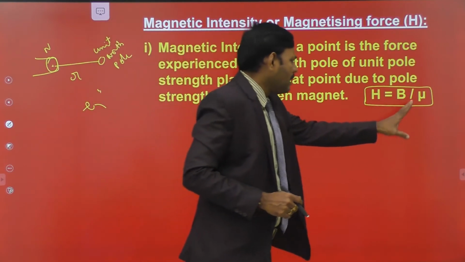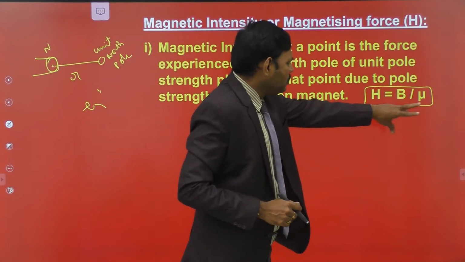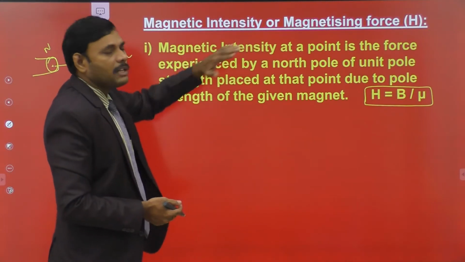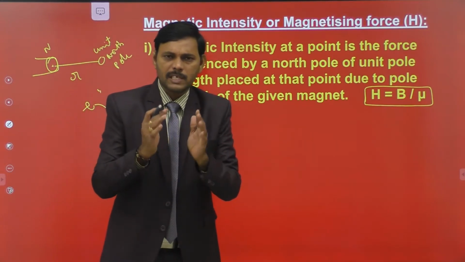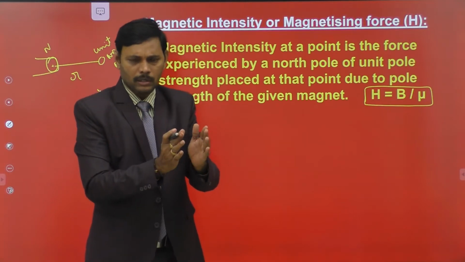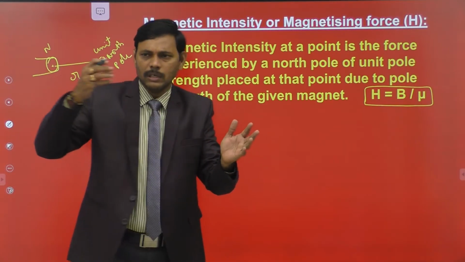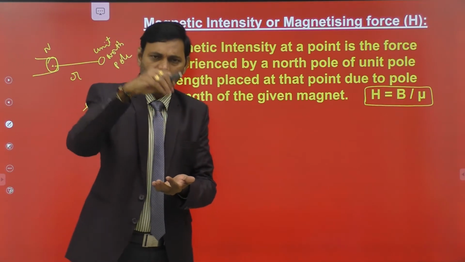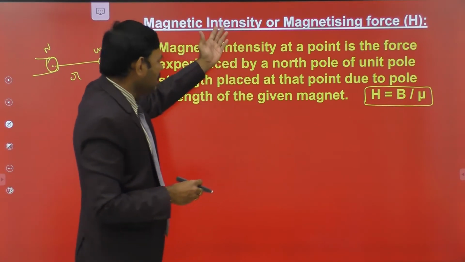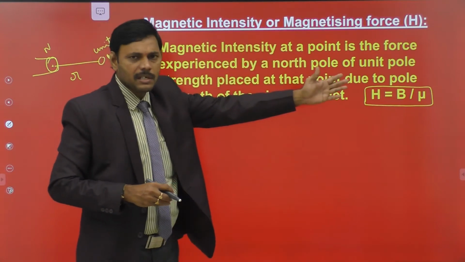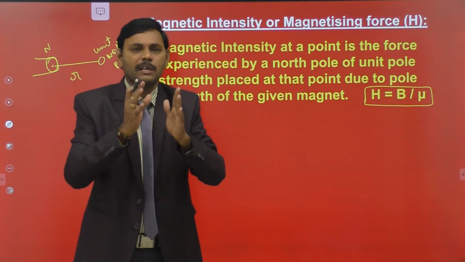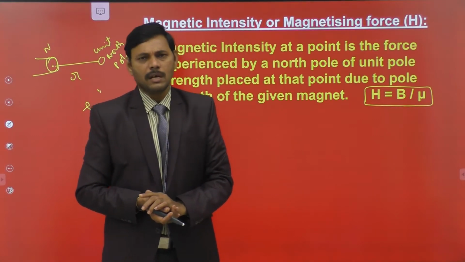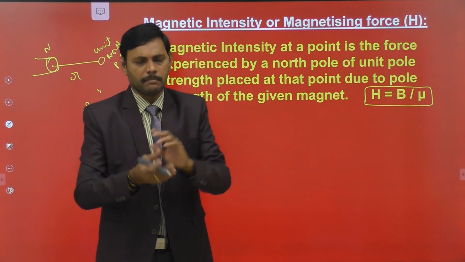So when we know the B value, B by mu is the H value. According to the definition, the force experienced by a unit north pole at a point due to a given north pole is considered to be the magnetizing field or magnetic intensity denoted by H, and in expression form that must be equal to B by mu, where mu is the permeability of the medium.